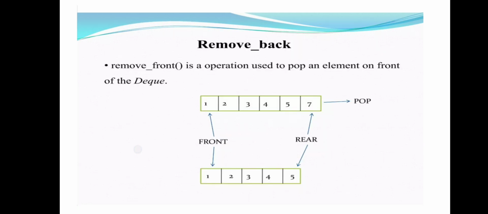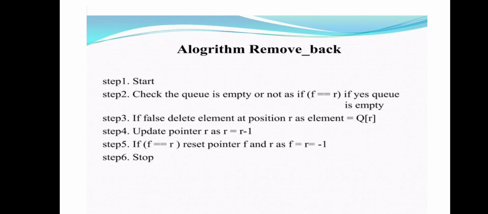Now we'll see about removing the element at back position, that means deleting at rear position. Removing rear is an operation used to pop an element from the rear position of the deque.